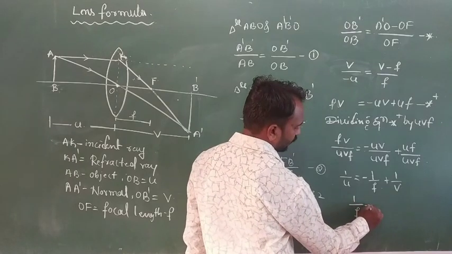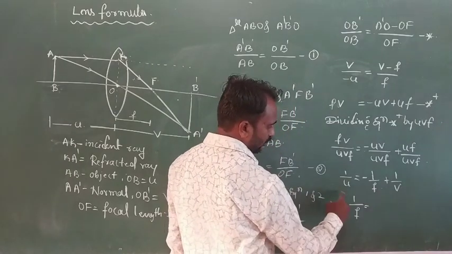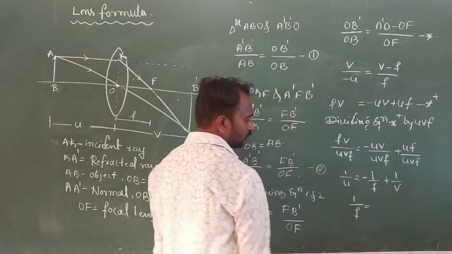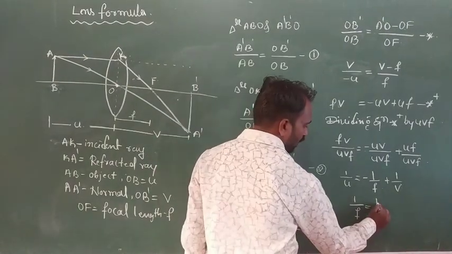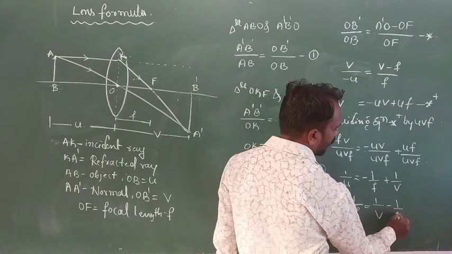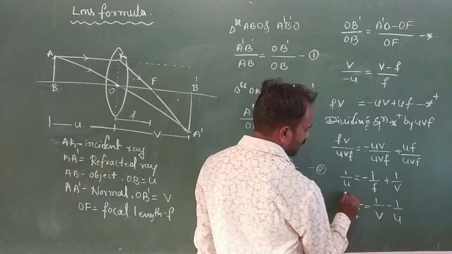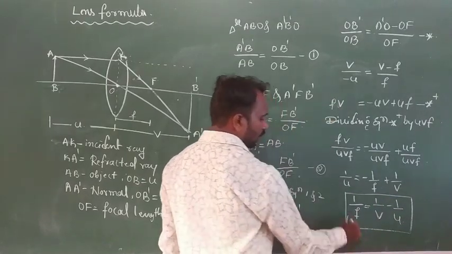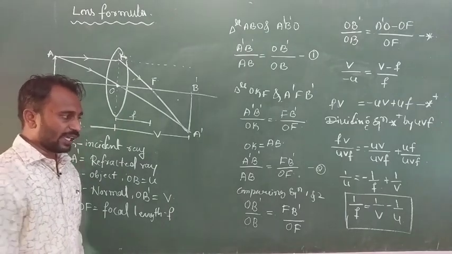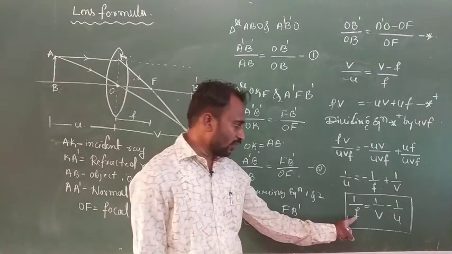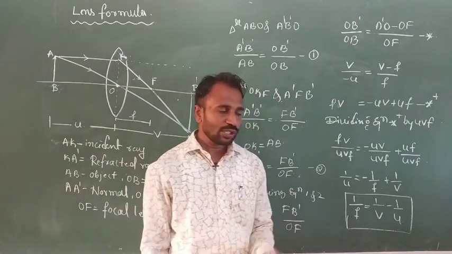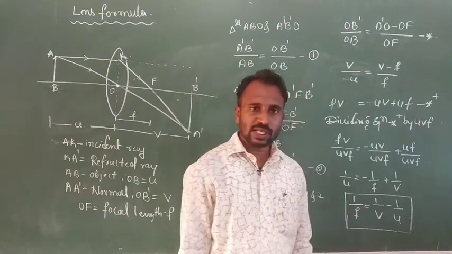Okay, so just interchange this equation: 1 by F is equal to 1 by V minus 1 by U. So this one is the lens formula. 1 by F is equal to 1 by V minus 1 by U. Okay, F is the focal length of a convex lens, V is image distance, U is object distance.